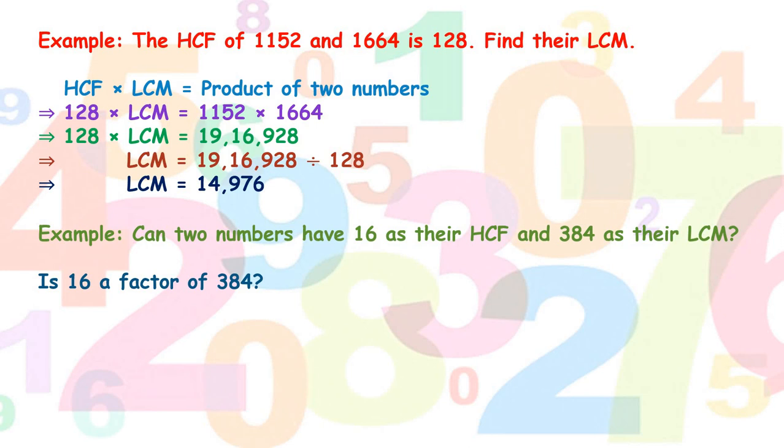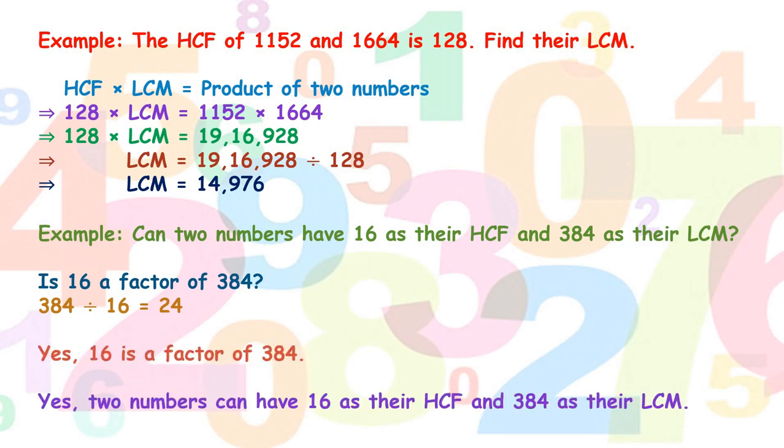How will you find it? You will divide 384 by 16. Divide it and you will get 24. That means 16 is a factor of 384. That means two numbers can have 16 as their HCF and 384 as their LCM.